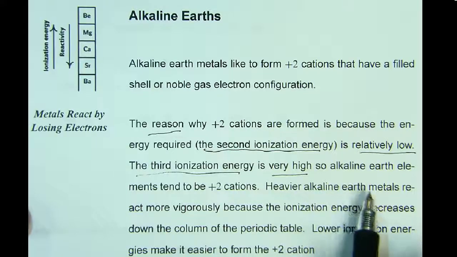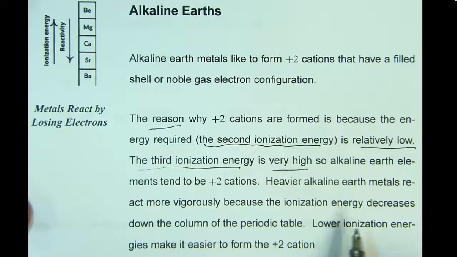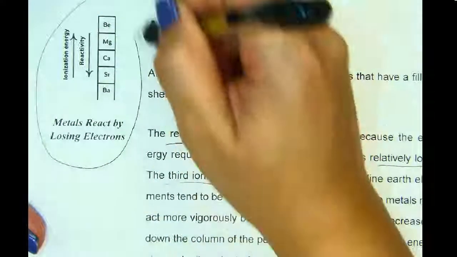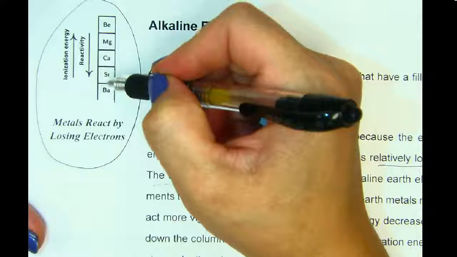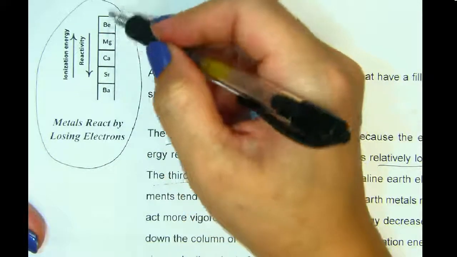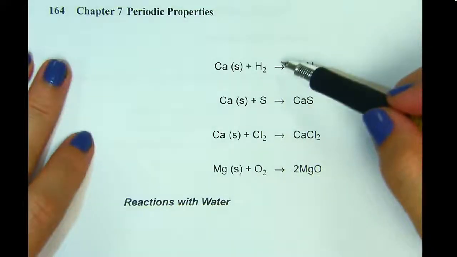Heavier alkaline earth metals react more vigorously because the ionization energy decreases down the column of the periodic table. Lower ionization energies make it easier to form the +2 cation. So here, as you go down the family for the alkaline earth metals, the ionization energy gets lower, which means the reactivity gets higher.